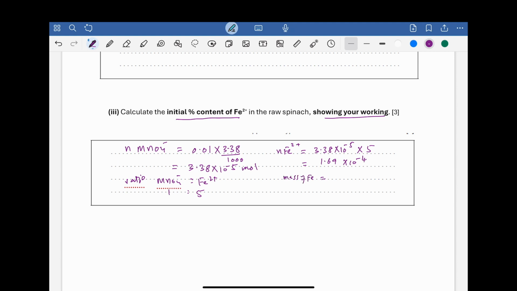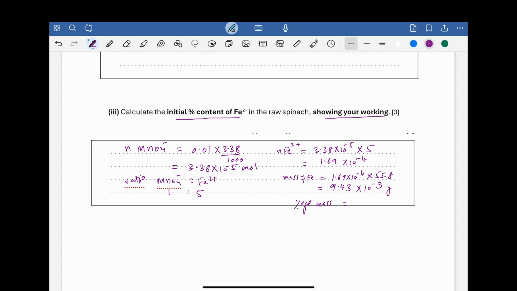So the mass of iron will be equal to moles times molar mass. The moles is 1.69 times 10 to the power minus 4 times the molar mass of iron, 55.8. If I solve this, that gives me 9.43 times 10 to the power minus 3 gram. Next, we need to find the percentage by mass.